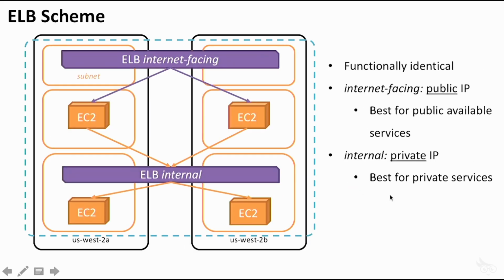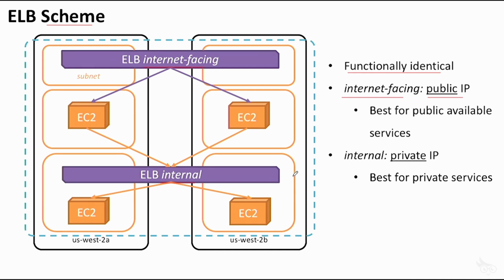The Elastic Load Balancer comes in two different flavors, or what we call a scheme. And we can either choose an internet-facing load balancer or an internal load balancer. They're functionally identical. They do the same thing in the same way. The only difference is that the internet-facing, as you probably can guess, will get a public IP address, and of course that's good to use for publicly available services, APIs, and websites.